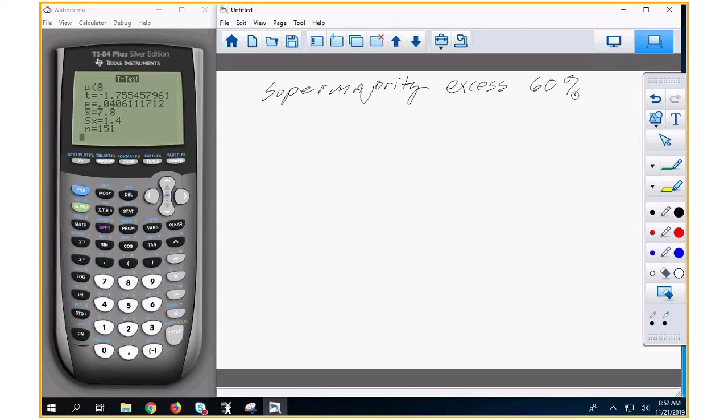So if I go to the class and I ask, what color is the sky? And 60% or more of you say blue, then that means it's a supermajority. Everybody with me? Okay. Because that's basically going to be, what is that? Percentage. Okay? That starts with a P. So we're going to get to that in just a minute.